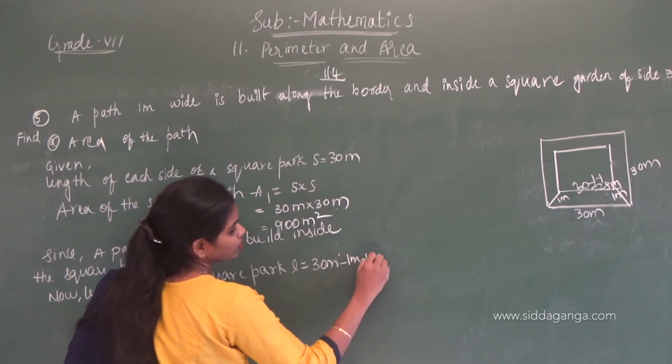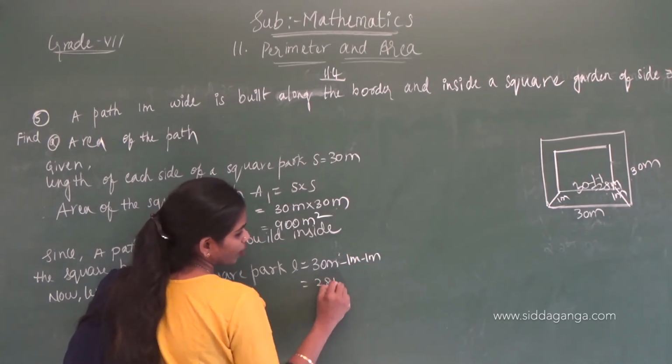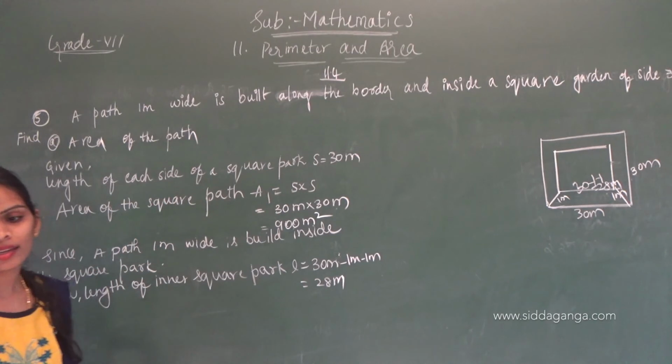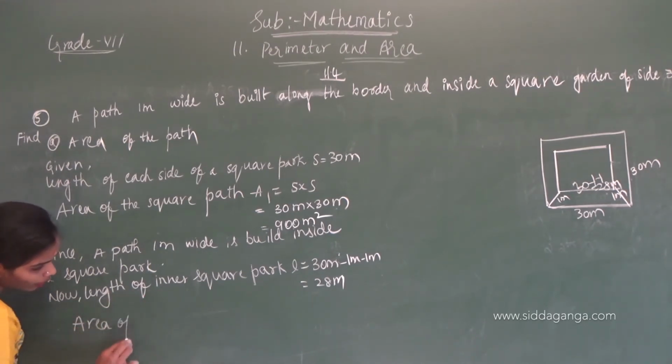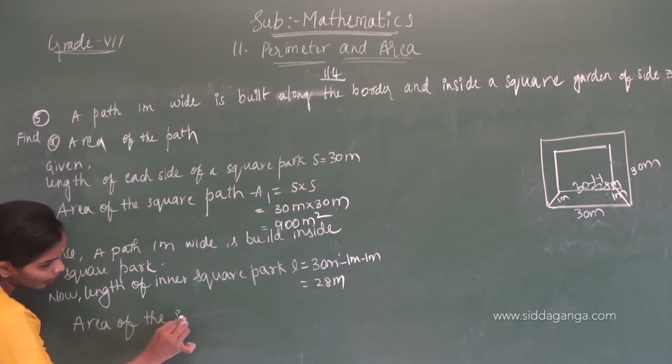Now 2 times we have to subtract, that is 30 minus 2, 28 meter. And then we have to find the area of the inner square park.